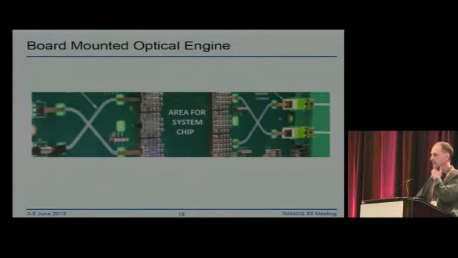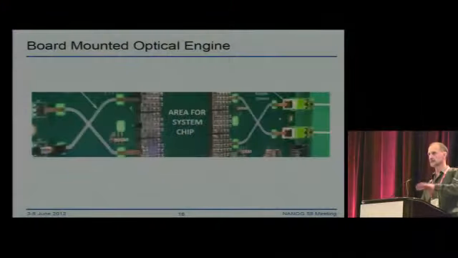So this is a photo of a line card. The area in the center is area for a system chip, like a switch ASIC, so let's say a MAC ASIC that routes IP traffic. And then it's surrounded, what you're really seeing there is heat sinks, but there are optical engines or optical devices that are directly mounted on the board below those heat sinks, and they surround the ASIC.